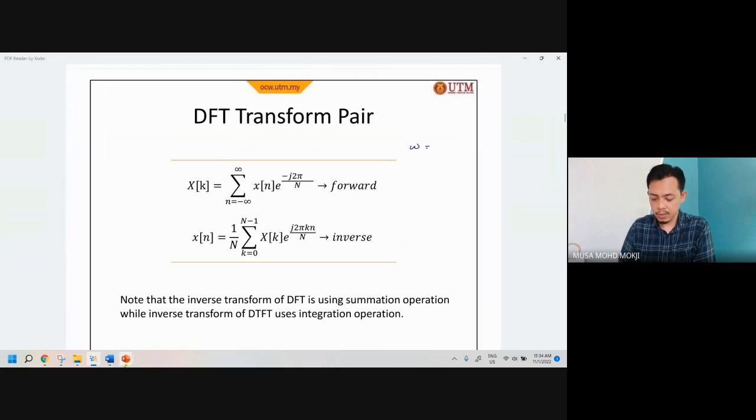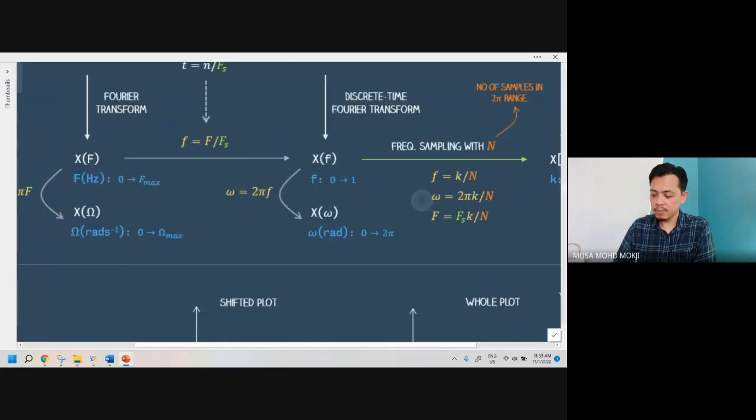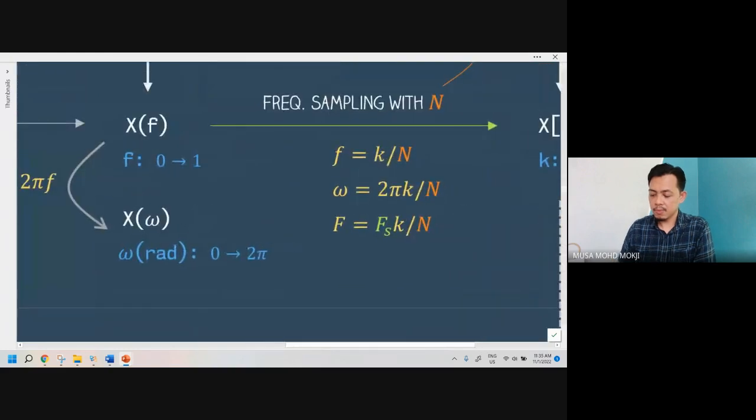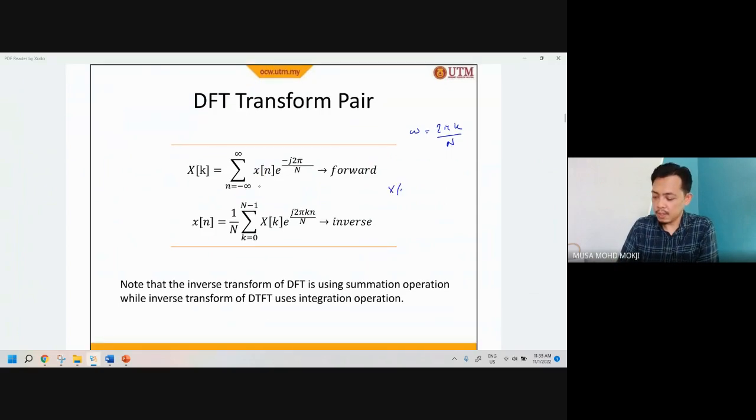If we refer to this slide, omega is equal to 2 pi k over N. Previously, X of omega was the sum over n from minus infinity to infinity of x[n] e to the minus j omega n.